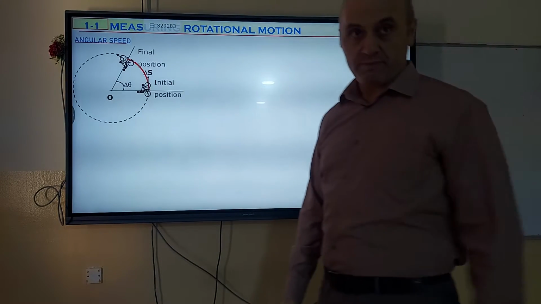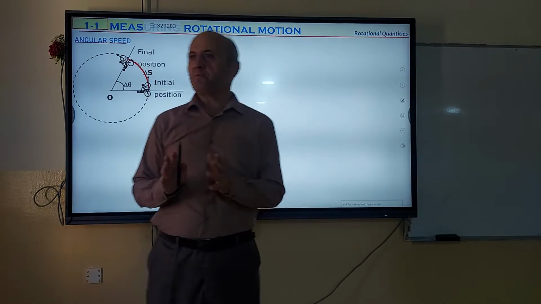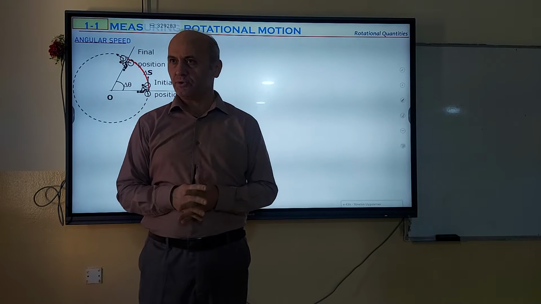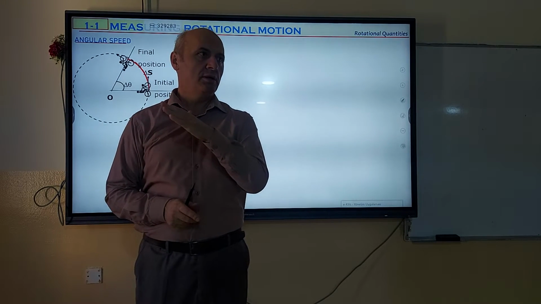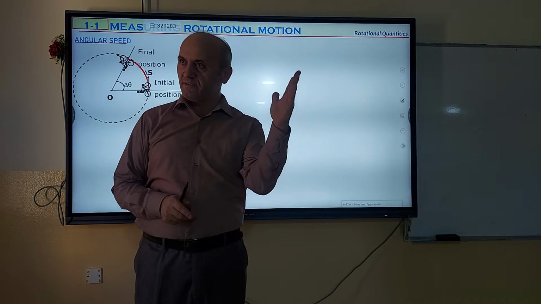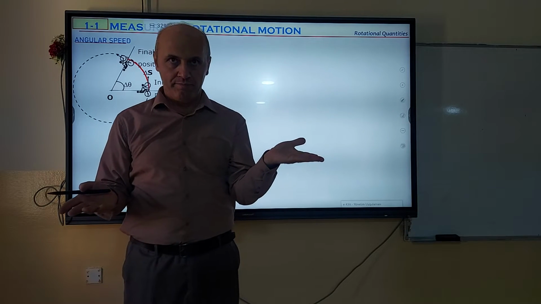Then angular speed. In angular displacement, we don't care how the object turns. What we care about is where the initial position is, where the final position is, and how much is the measure of the angle between them.